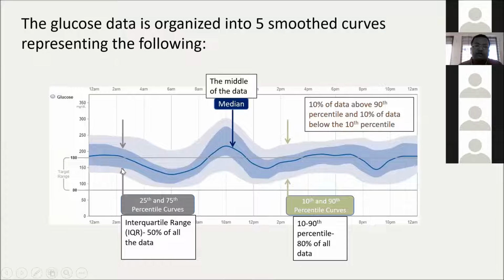The lower one is the 25th and the upper one is the 75th percentile. That is, above and below this dark blue line, there are 50% of the values which come. So with regular meals, regular medications, and regular timings, majority of the values will be within this range.